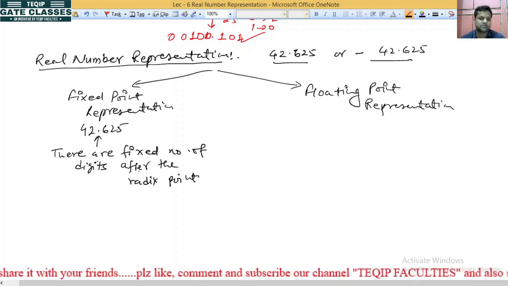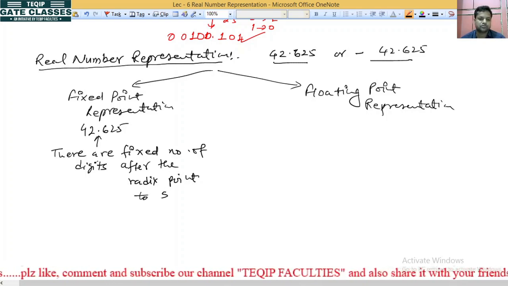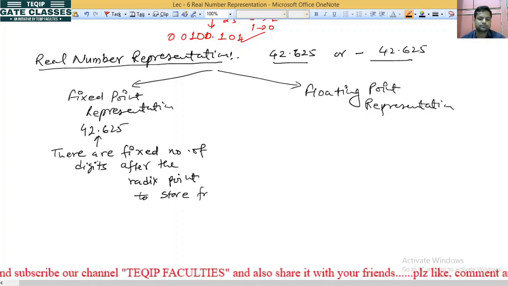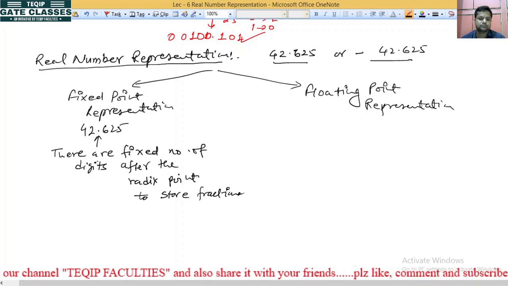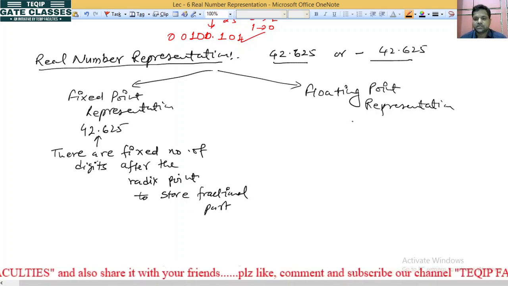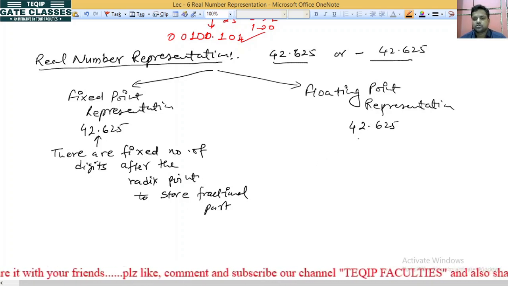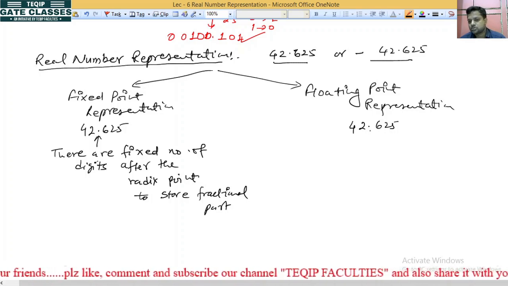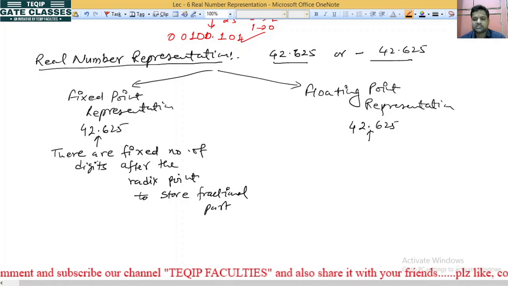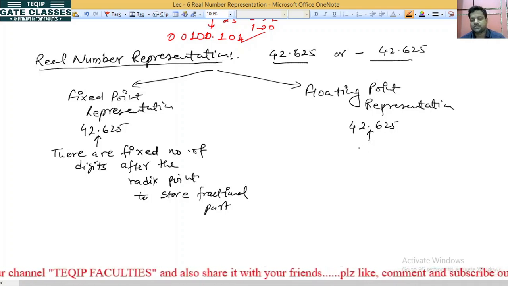फ्रैक्शनल पार्ट को स्टोर करने के लिए there are fixed number of digits after the radix point to store the fractional part, okay. But in this case, suppose we have this one, है ना. So in this case we can move this radix point in right direction, okay na.